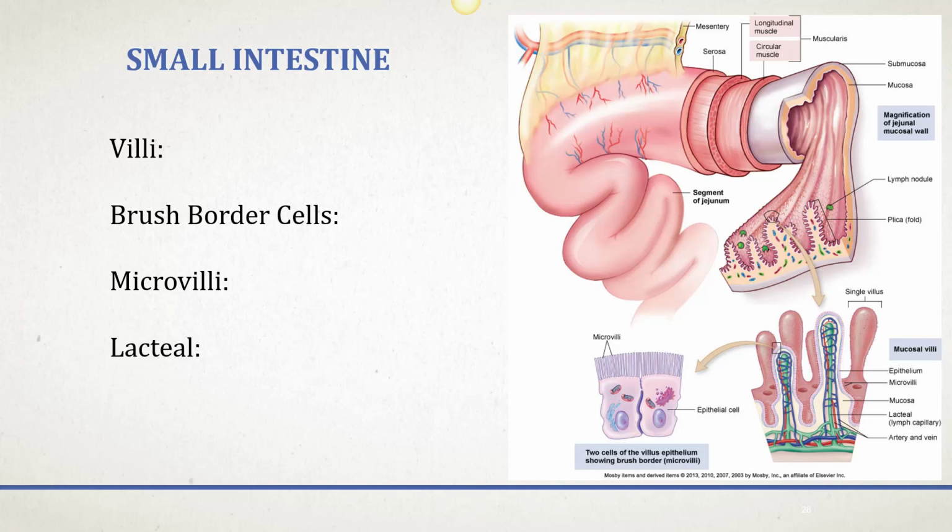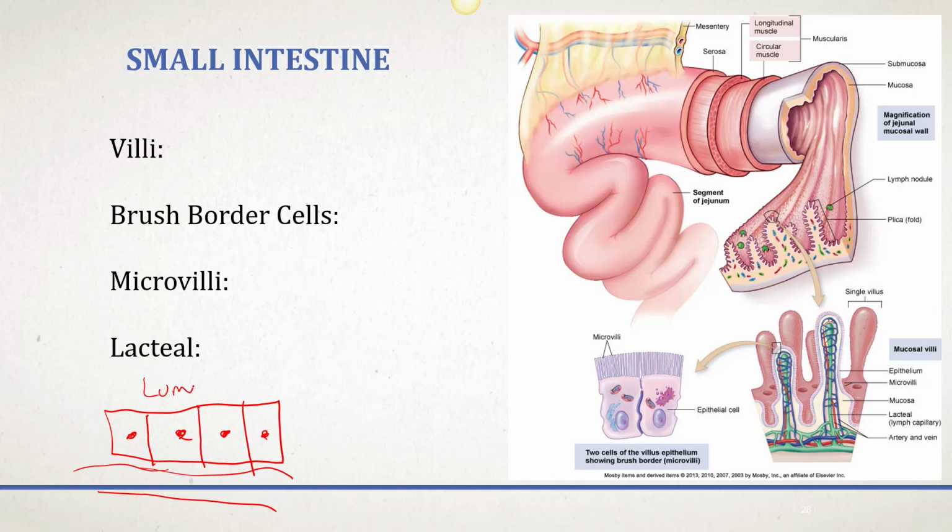If we didn't have microvilli, let's say we just had a row of cells, and we wanted to absorb nutrients into the bloodstream from the lumen of the intestine, we would go through one surface to absorb it into the blood.